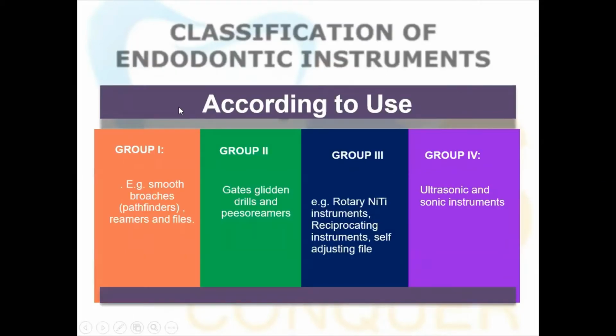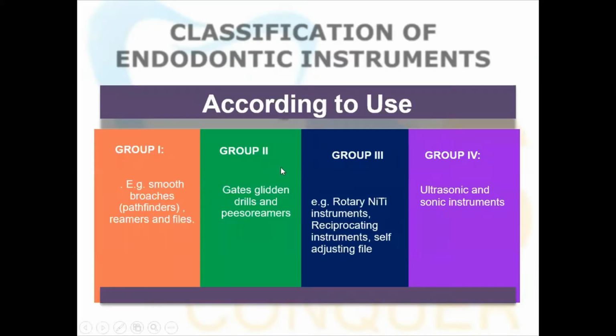Coming to the classification of endodontic instruments. According to the use, this classification has been adapted from the book Grossman. According to the use, they have been categorized as Group 1, Group 2, Group 3, and Group 4. Group 1 being the hand instruments that include smooth broaches, reamers, and files.